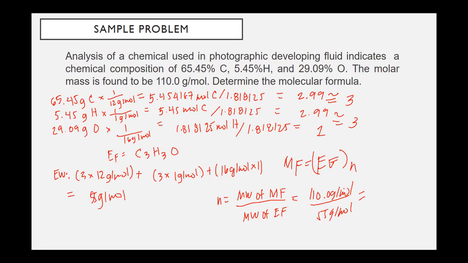So, dividing the two, we have N is equal to 2. So, ulit natin dito. Empirical formula natin is C3H3O. And then we have our N, 2. So, our molecular formula now will be C6H6O2.